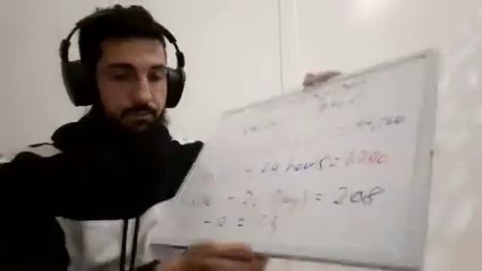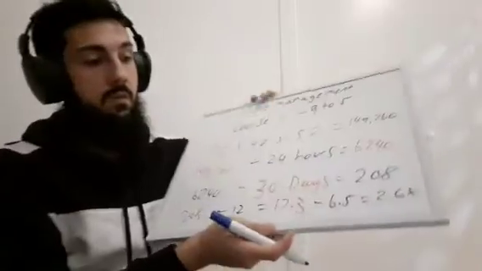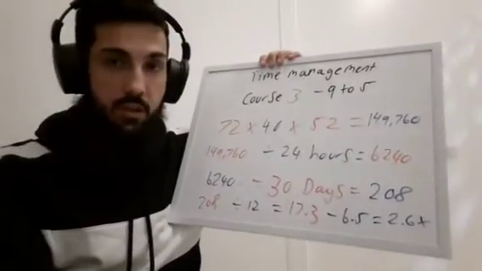And then what I do is I make sure to go 17.3 minus 6.5, which equals 10.8 years, and 2.6 times. Realize that you can also do some extra calculations.